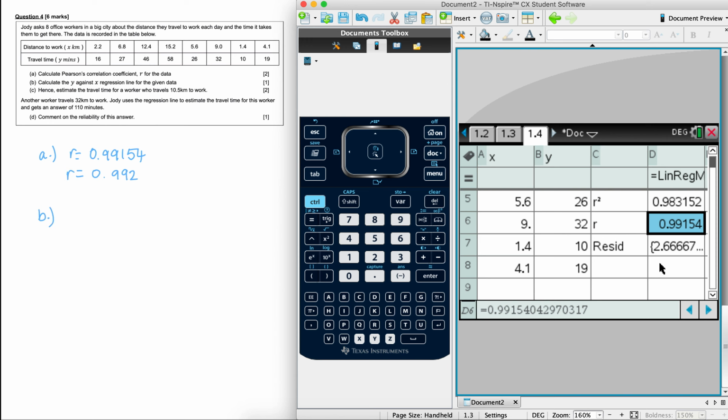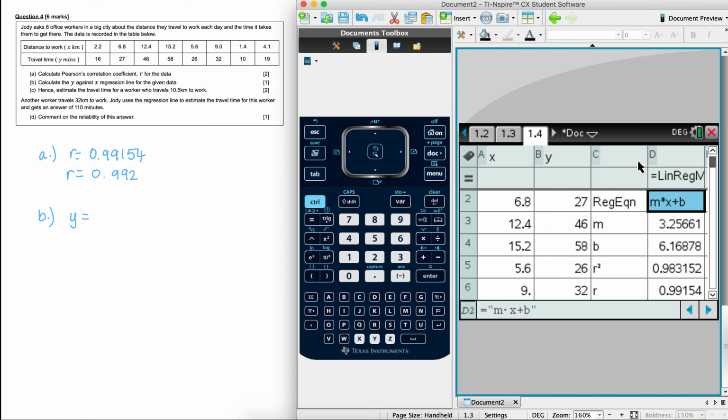So part B is the regression line, and if I scroll up here, I can see that the regression line is in the form mx plus b, and I'm told what the m and the b value are. Now in this particular question, the variables are y and x. If they weren't, I would need to make sure that I change them to be the variables that the exam shows, okay?